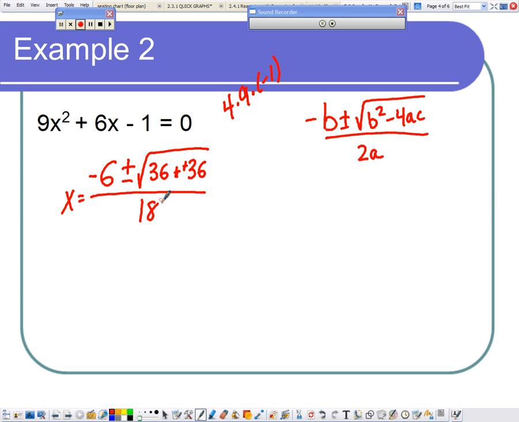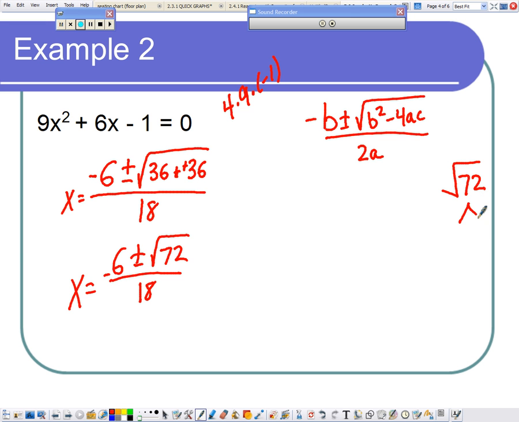Okay? So x equals then negative 6 plus or minus square root of 72 all over 18. Now remember, 72 is not one of our perfect squares. So when we're solving this, we need to make sure and simplify. All square roots should be simplified. And I find out that it's 36 and 2.